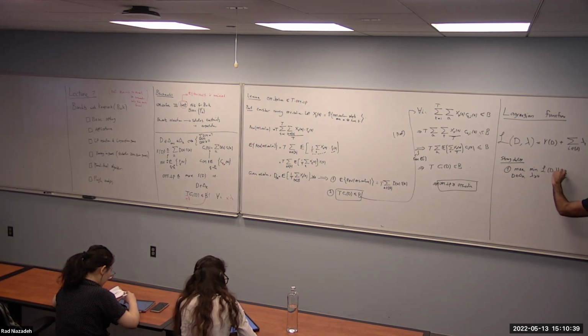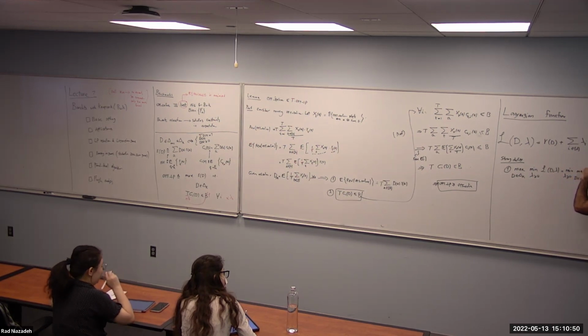This is going to be also equal to the min over lambda greater or equal than 0, max over d in delta K, of L(d, lambda). And there is a pair of choices, d star and lambda star, such that this quantity is equal to L(d star, lambda star).